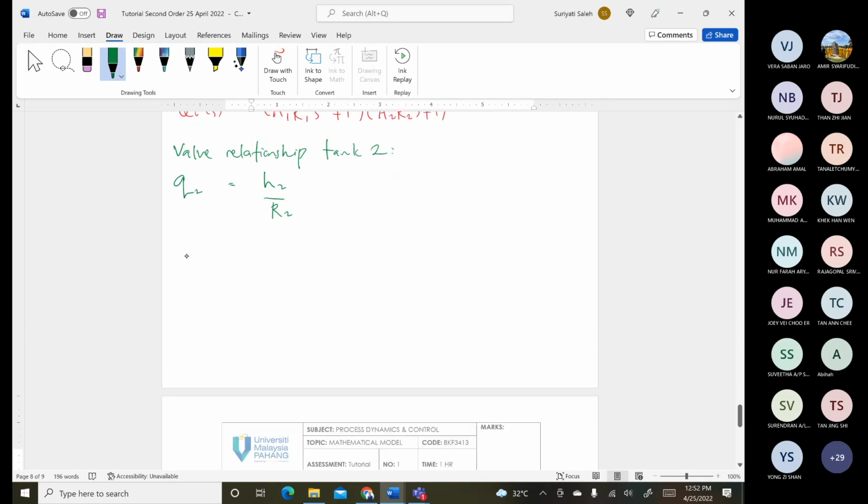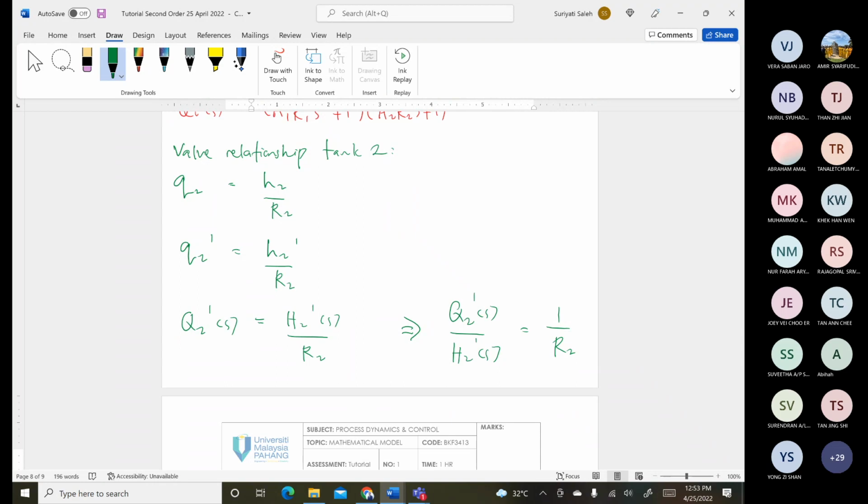So based on this, the deviation variable should be Q2 prime equal to H2 prime over R2. And when we Laplace it, it becomes Q2 prime S equal to H2 prime S over R2, which can be further rearranged: Q2 prime S over H2 prime S equal to 1 over R2.